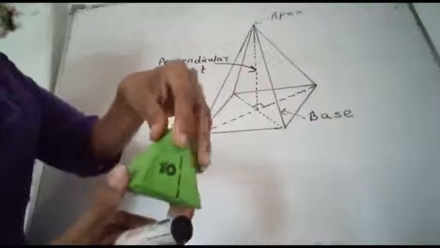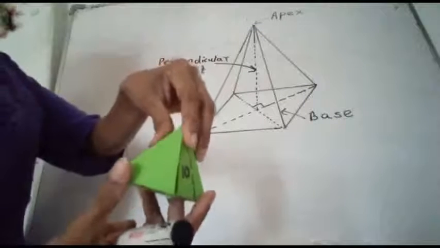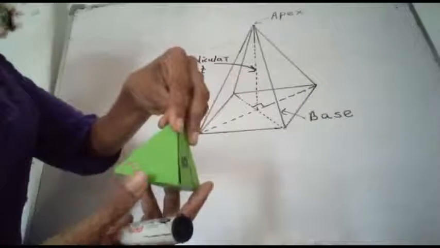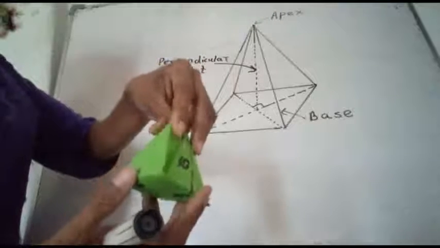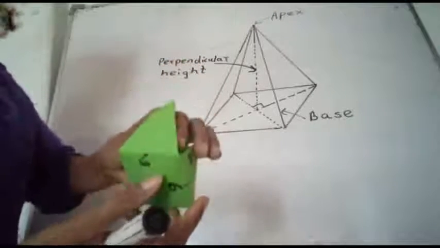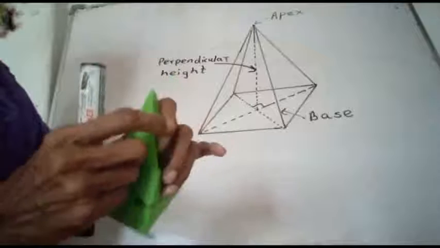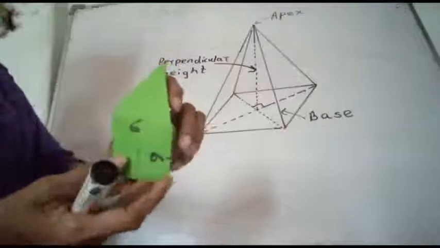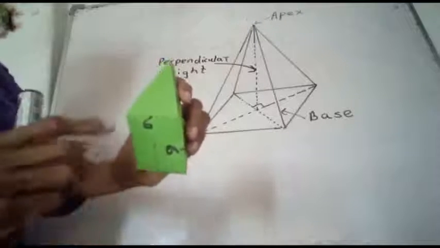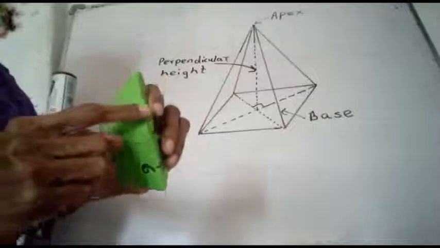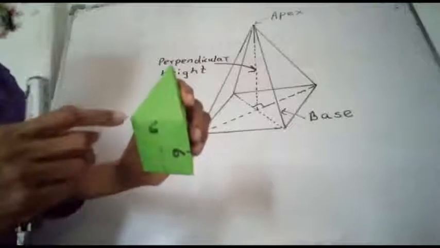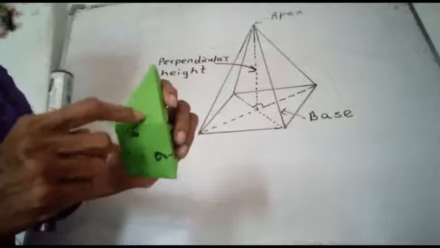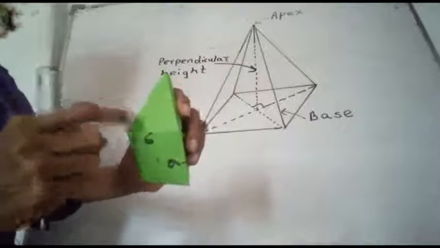All these four faces are equal in area and they are congruent. These two sides are equal in length. Sometimes all these three sides are equal in length and these three angles are equal in magnitude.